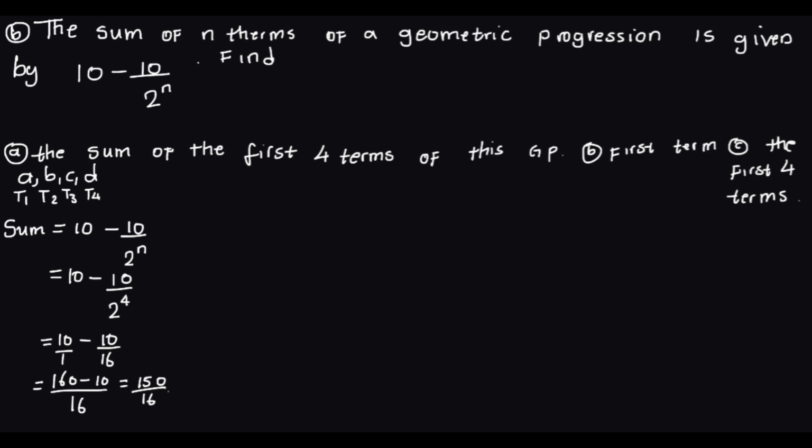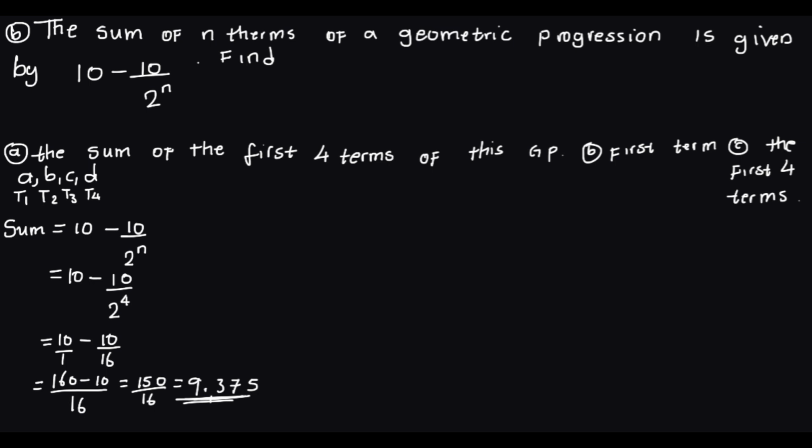So if we want, since this is paper 2, we can make this a decimal number. 150 divided by 16 will give us 9.375. So if those 4 terms were to be added, they would give us the value of 9.375. So this is the sum of the first 4 terms.